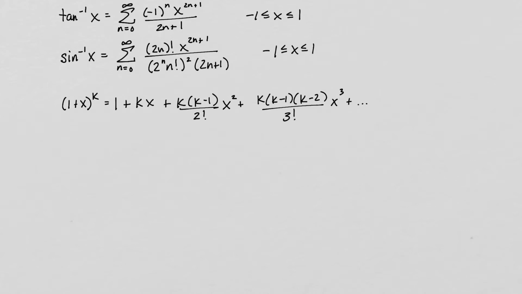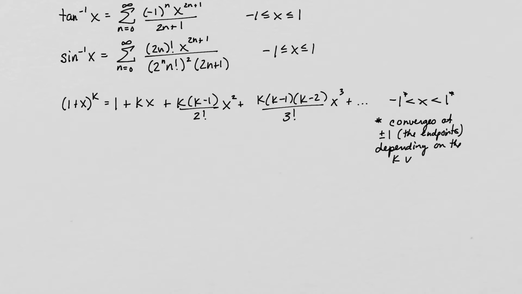And this one converges for -1 less than x less than 1. We're going to put a little star next to it. The star is basically saying it converges at plus or minus 1, the endpoints, depending on the k value.